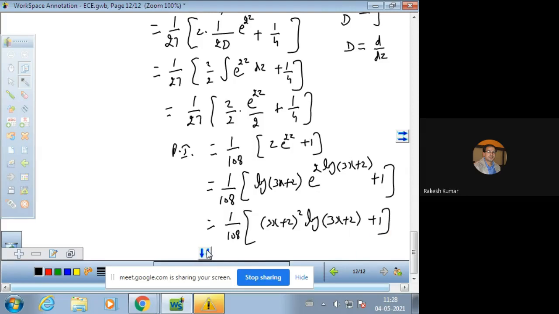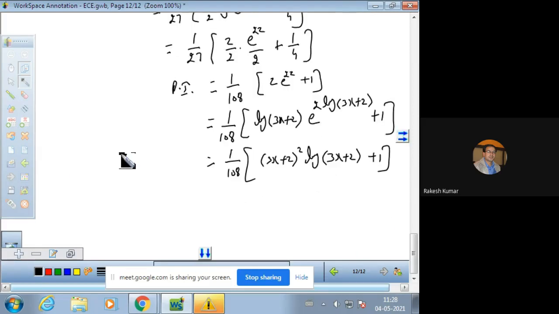So this is your particular integral, and now you can write down the complete solution of Legendre's linear differential equation, and that is y is equal to complementary function plus particular integral.